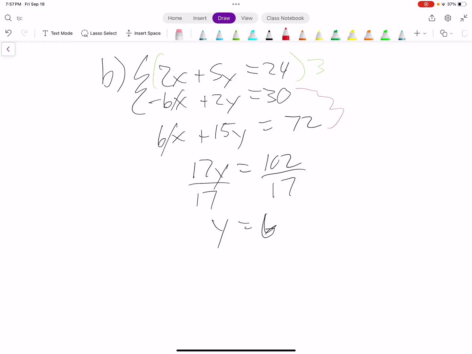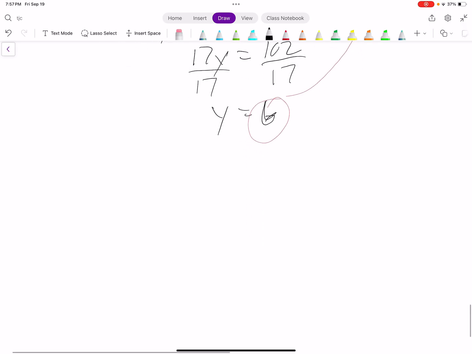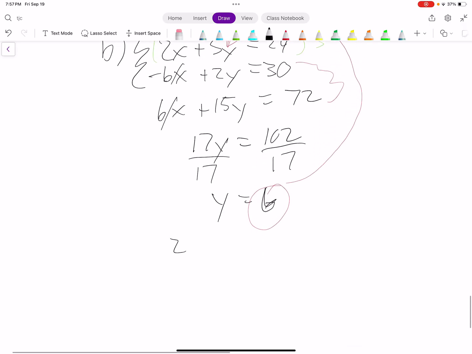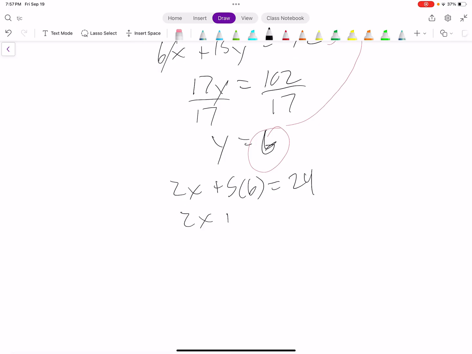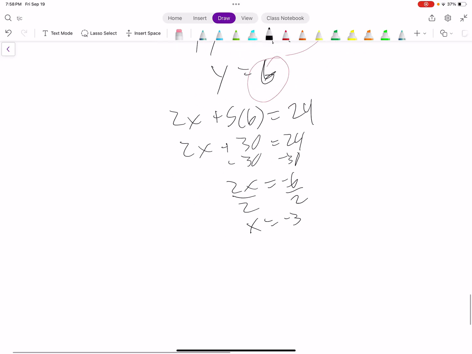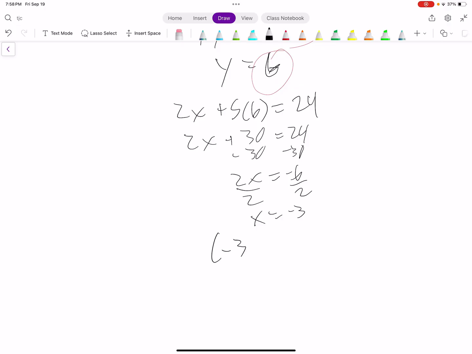So I'm going to take this and plug it in for y here. Okay. So that'll give you 2x plus 5 times 6 equals 24. So this is 2x plus 30 equals 24. Subtract 30, and you get 2x equals negative 6. Then divide by 2, and you get x equals negative 3. And then we have our solution. So our solution is negative 3 comma 6. Okay. So that's question 10.